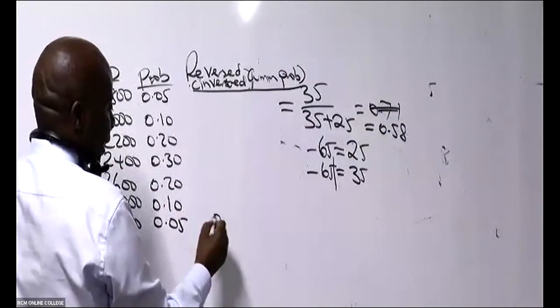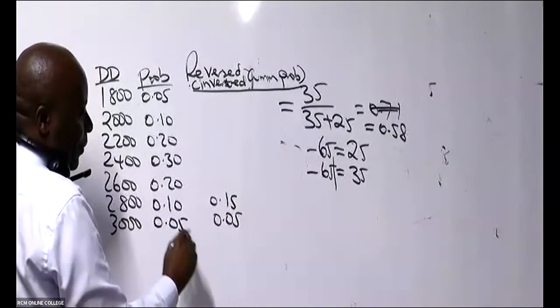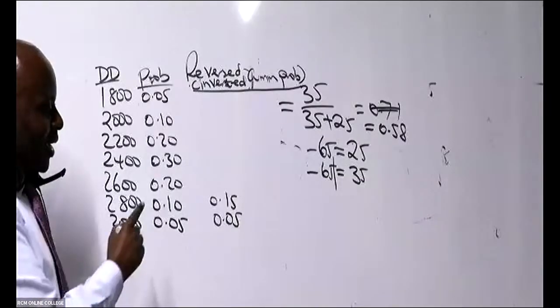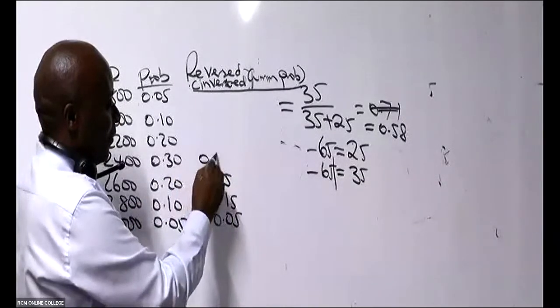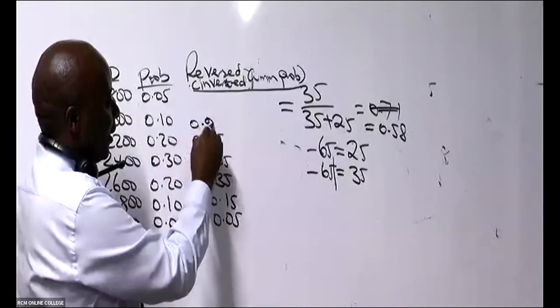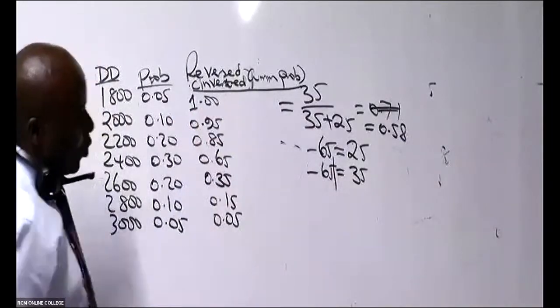So we start from down here, right? So this will be 0.15, right? The next one, we are teaching together with you, 0.35, and so on, until 1.00.